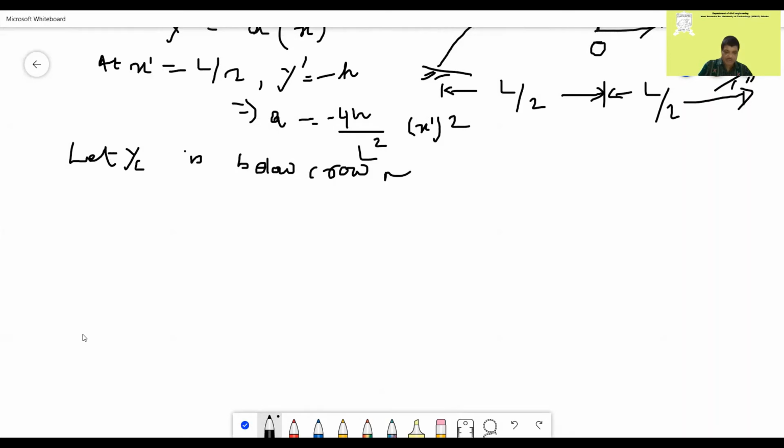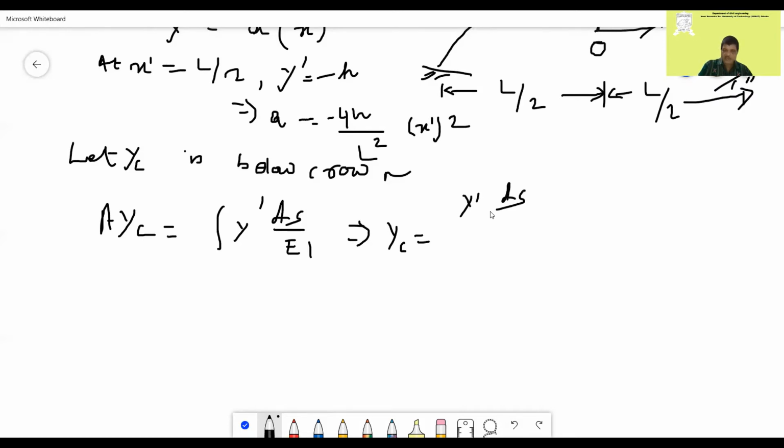Below the crown, O dash, A yc. We have the relation: yc is equal to the integral of y dash ds by EI divided by A. What is A? A is equal to the integral of ds by EI.